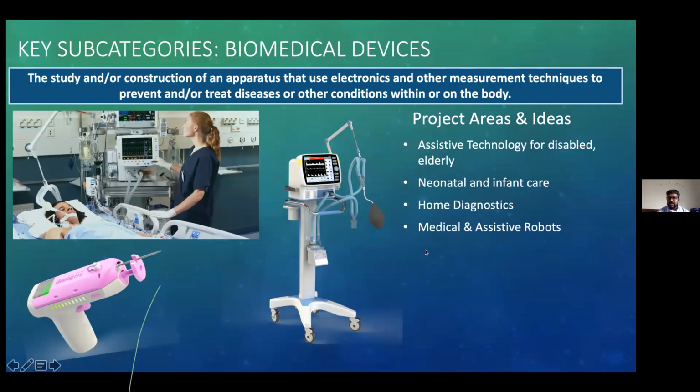Home diagnostics, measuring simple things like, there are now kits that you can buy online to measure oxygen, to measure temperature.